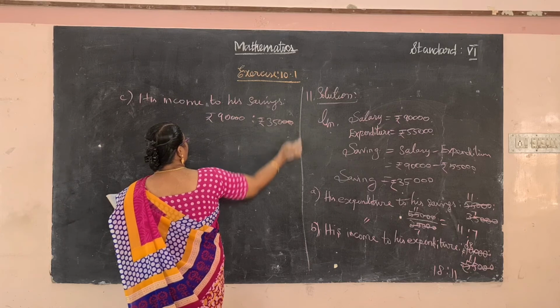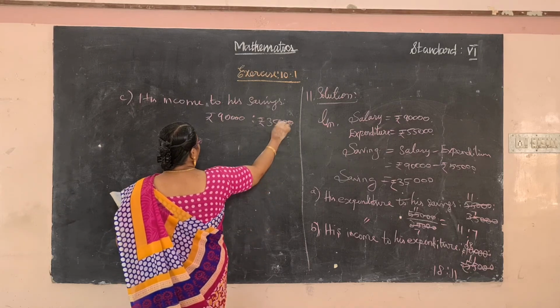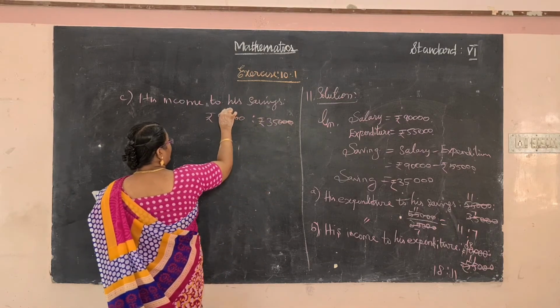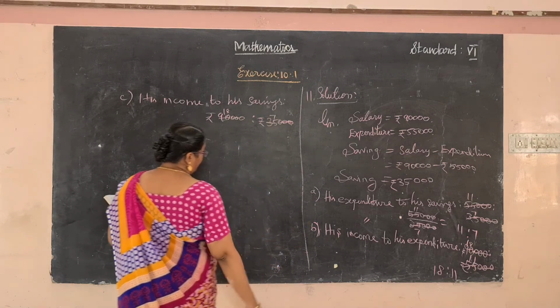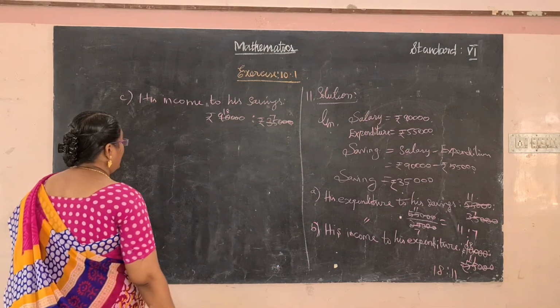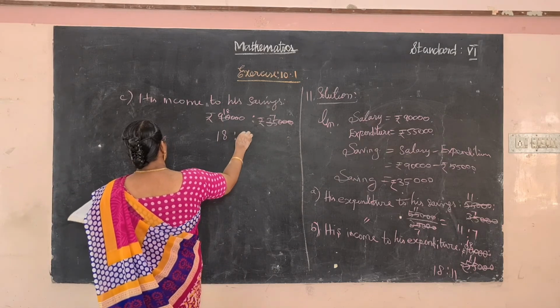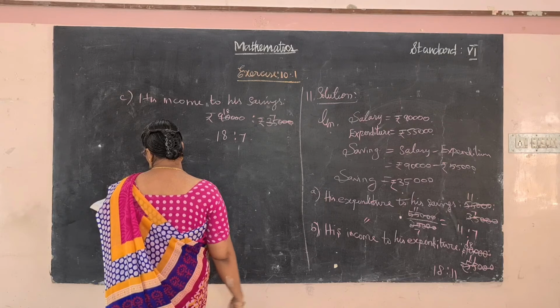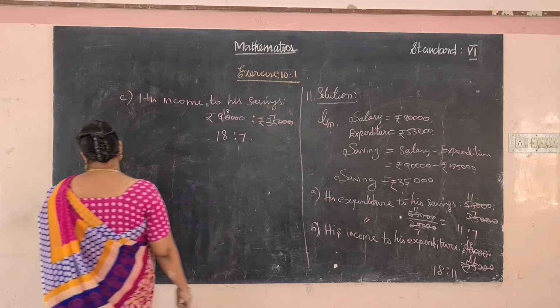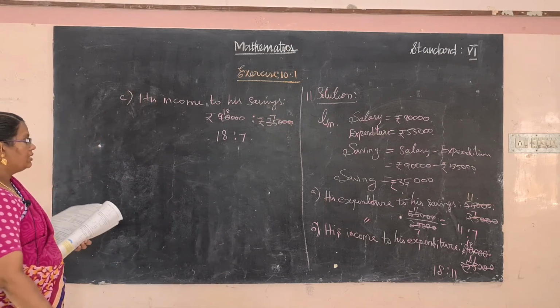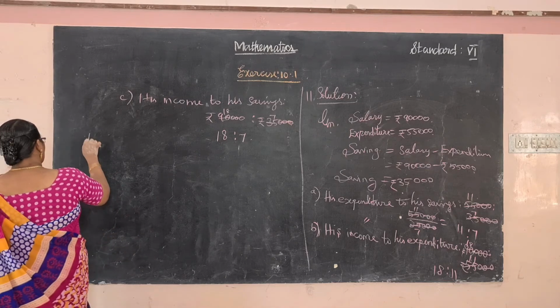Let's simplify. In the 5 table, we get 18 and 7. So the answer is 18 is to 7. That's it for find the ratio of the following. Now move to the 12th one.